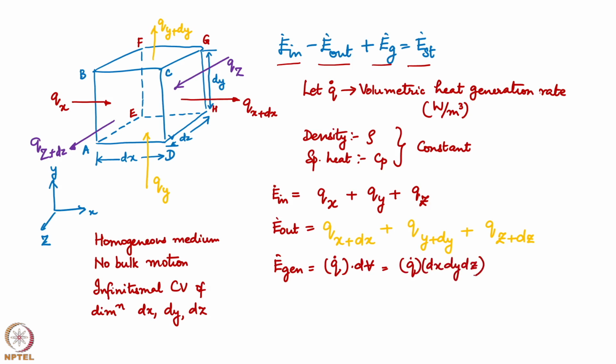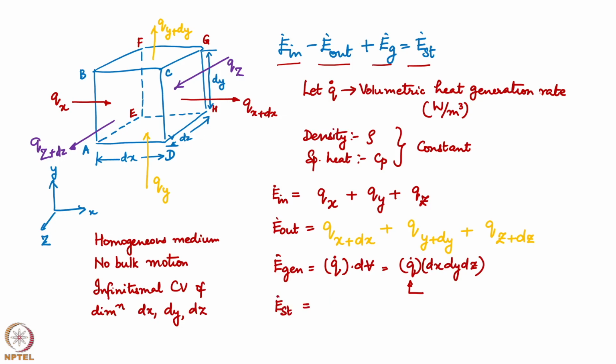So, in this control volume, if this is the volumetric heat generation rate, what is the total energy? The volumetric heat generation rate times the volume of the control volume is the total heat generation rate. And what is the rate of change of energy of the control volume, which is nothing but E dot St, which is mass into specific heat into change in temperature.